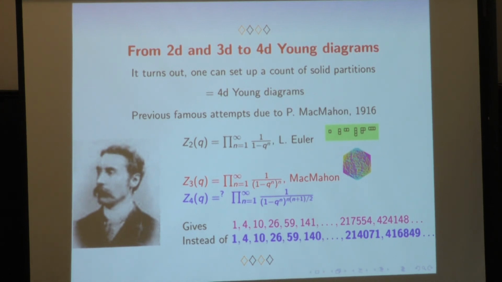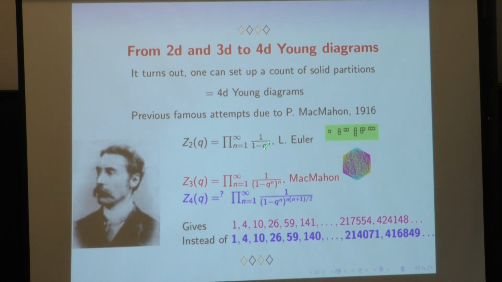And now, in the remaining time, let me just tell you a little bit of history. In 1916, Major Percy McMahon, who was the president of the London Mathematical Society, was counting partitions. So that was a respectable mathematical problem. Ordinary partitions were actually counted by Leonhard Euler a long time ago.